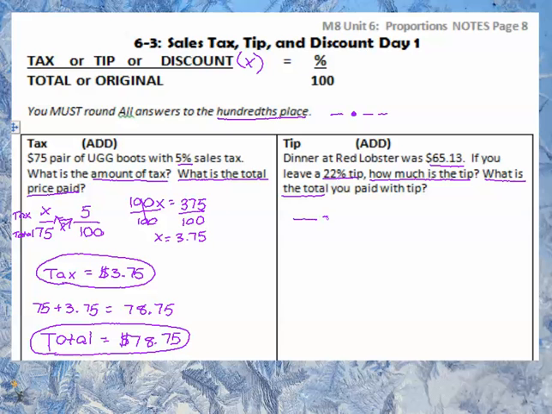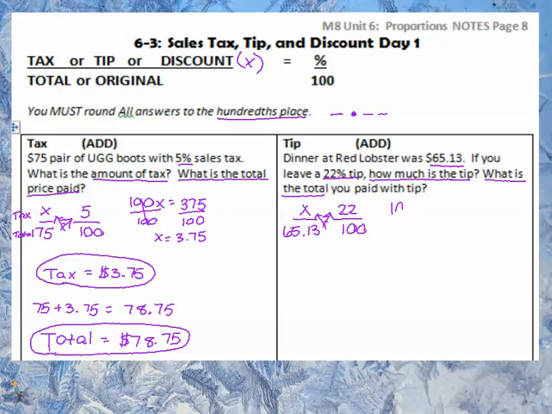So I'm going to set up my bars. Percent goes over 100. My total cost of my bill, which is $65.13, goes at the bottom. The part I don't know goes at the top. I don't know how much tip I'm going to leave. Cross multiply.